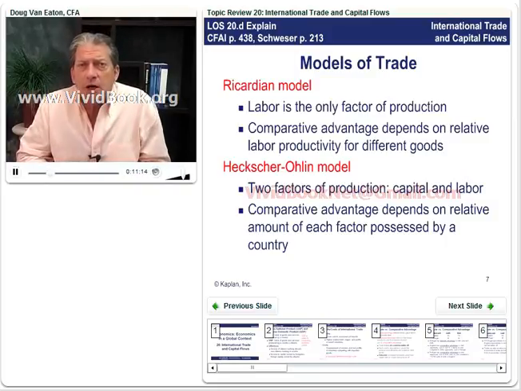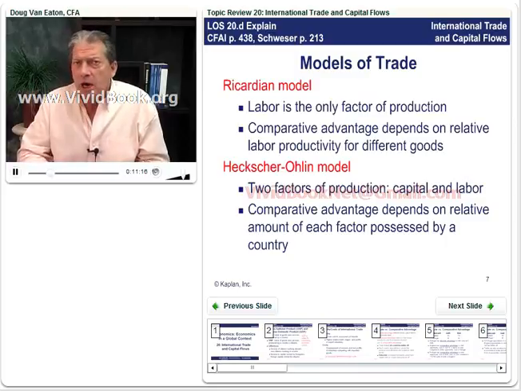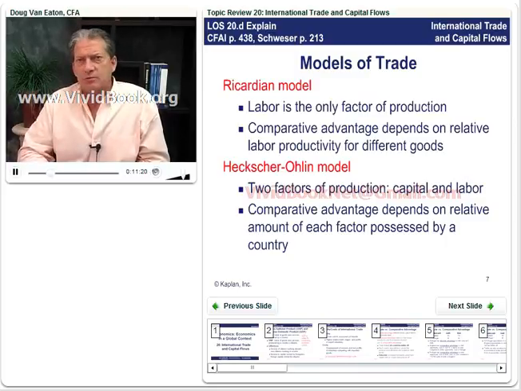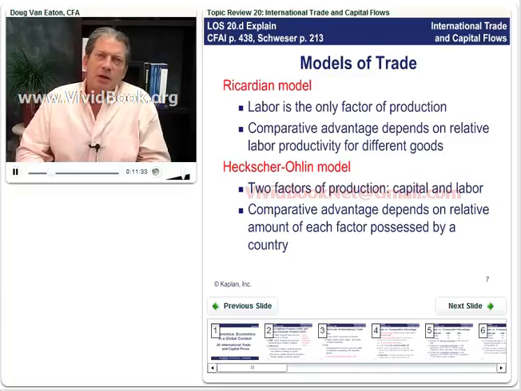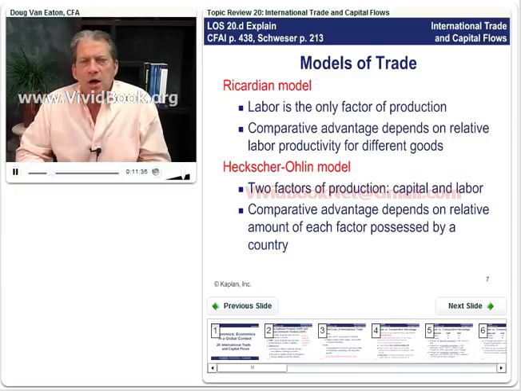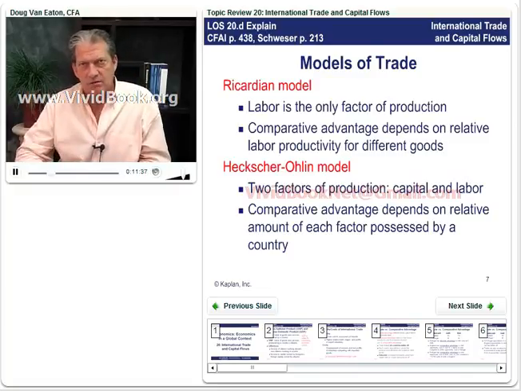Now, you're supposed to be conversant with another model here, the Heckscher-Ohlin model. And in the Heckscher-Ohlin model, there's two factors of production, both capital and labor. Remember, in our earlier example, we didn't look at capital allocations at all, just at the labor inputs. Now, the easy way to remember this is that the Heckscher-Ohlin model has two names in it.